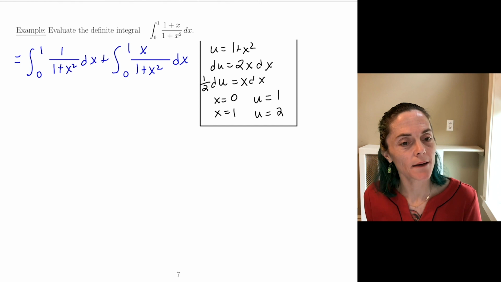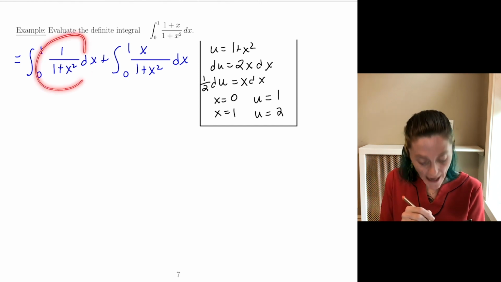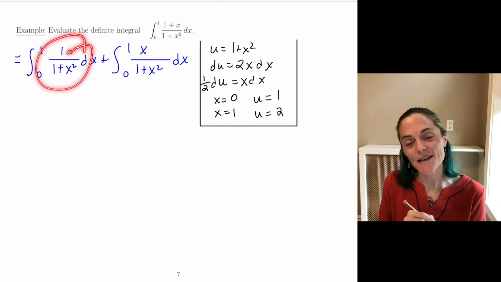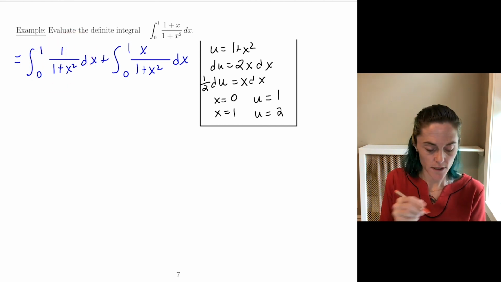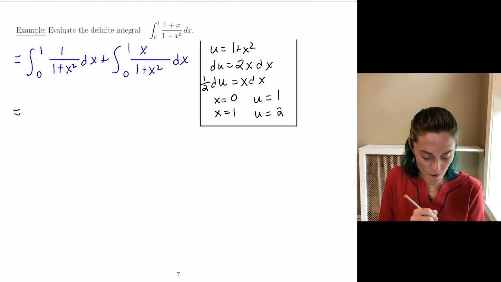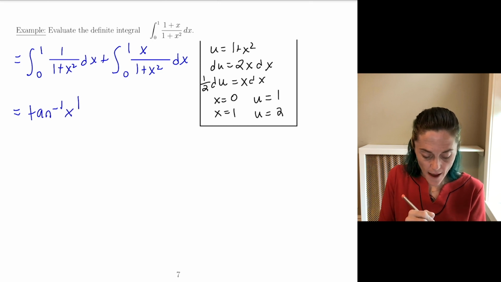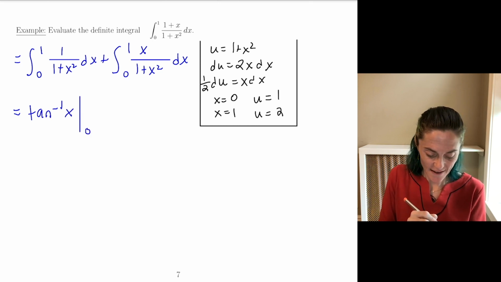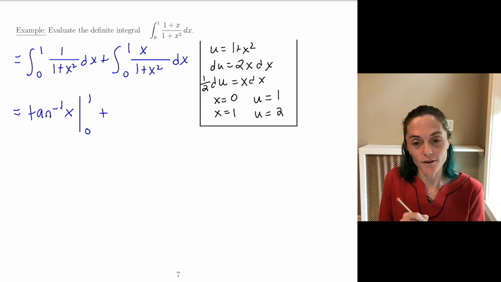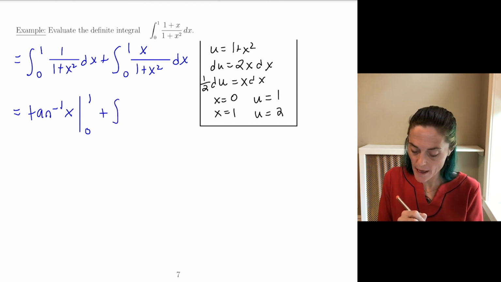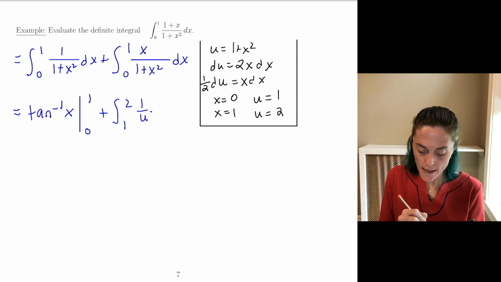Now the first one, here, I can go ahead and integrate. I don't need substitution. This is the tan inverse. So let's write that. The first one is tan inverse of x, and we evaluate between 0 and 1. But the second integral, this will be my integral of u, 1 to 2 of 1 over u times 1/2 du.